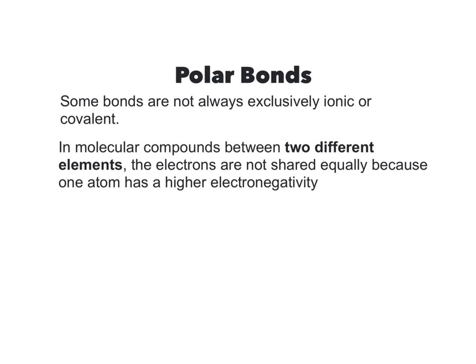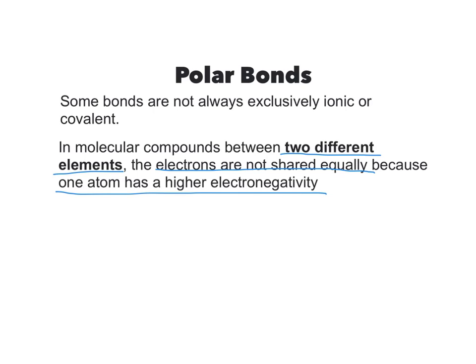So some bonds are not exclusively ionic or covalent. This is because in molecular compounds between two different elements, the electrons are not shared equally. And this is because one atom has a higher electronegativity, remembering that the electronegativity is an atom's ability to attract electrons.